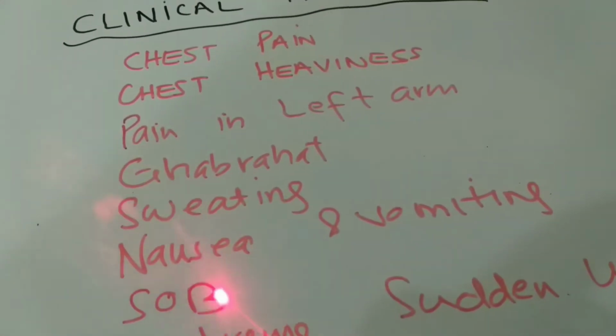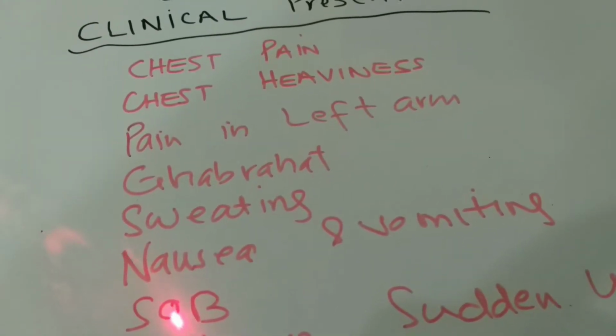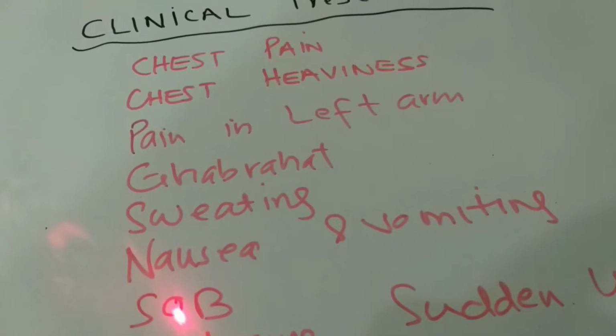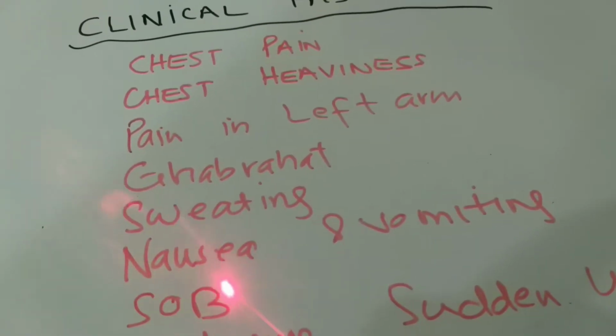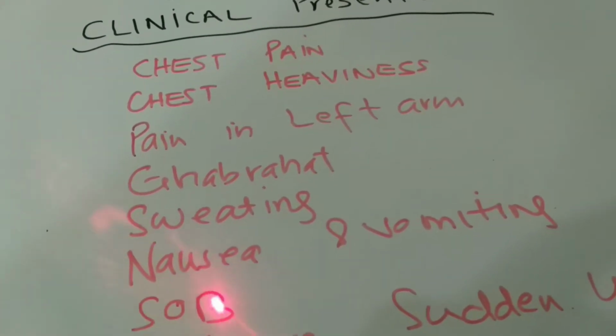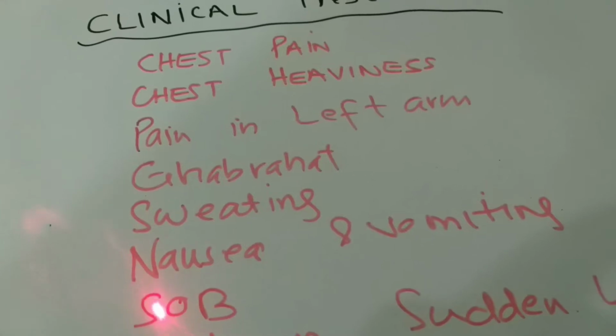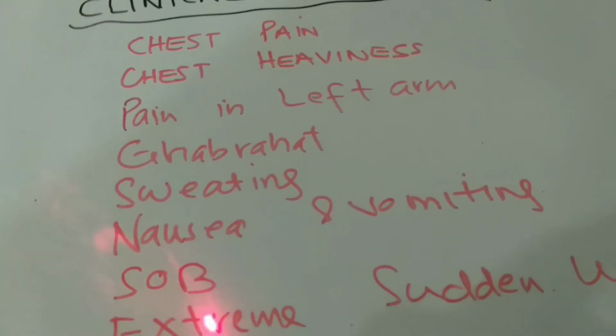A patient can present with sudden shortness of breath, and that too I have seen personally in 2 or 3 cases. They were at home or in the markets, and all of a sudden they felt chest heaviness for a very brief period of time, and suddenly they went into cardiac failure and developed shortness of breath. So this is another clinical presentation.